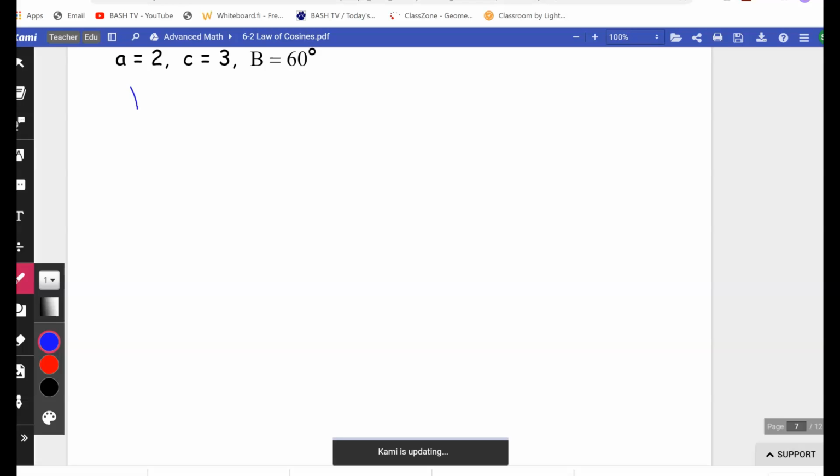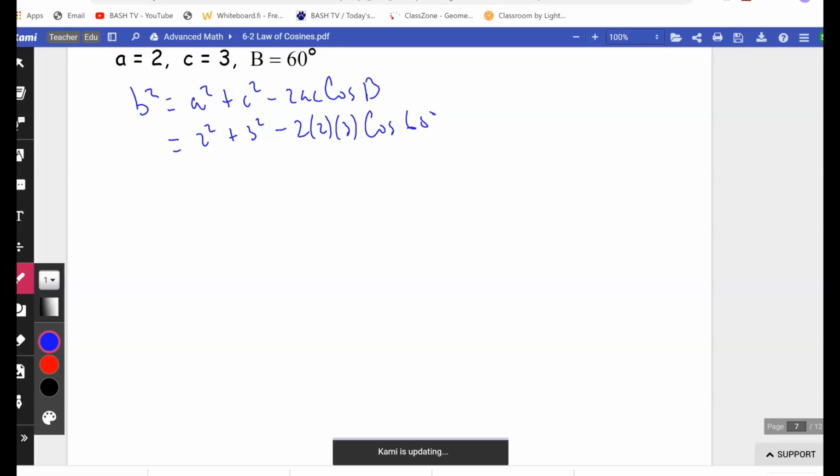B. That's right. So we're going to use B squared is A squared plus C squared minus 2AC cosine of B. All right. So that's 2 squared plus 3 squared minus 2 times 2 times 3 times cosine of 60. Type it all in one shot.